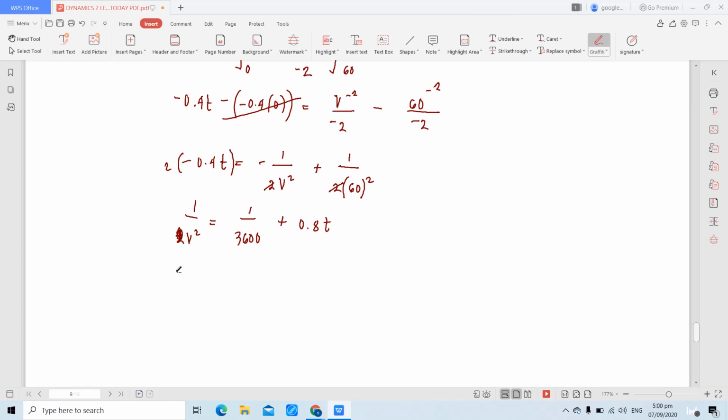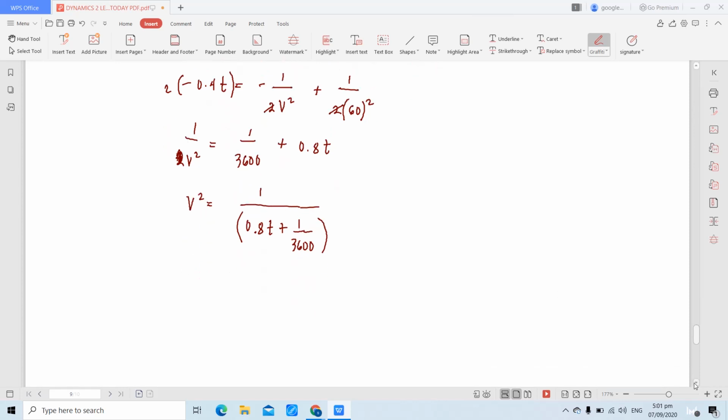So, v squared is equivalent to 1 over quantity 0.8 t plus 1 over 3,600. Nagigets po? And then, gawin lang natin velocity. Dapat v lang yung matira dahil velocity as a function of time lang.